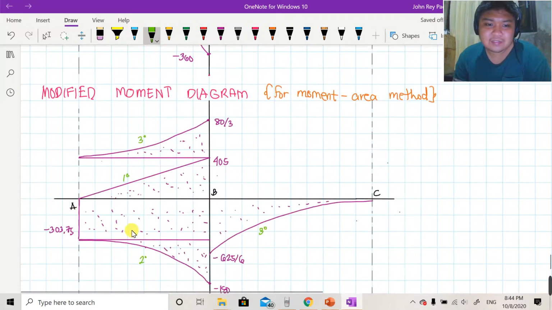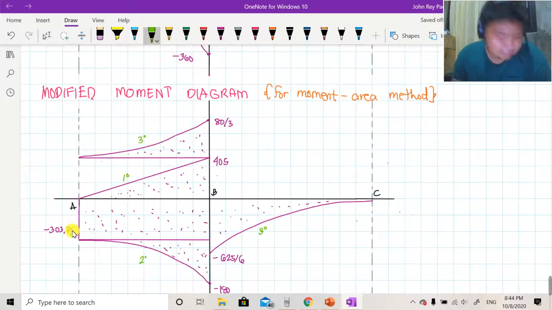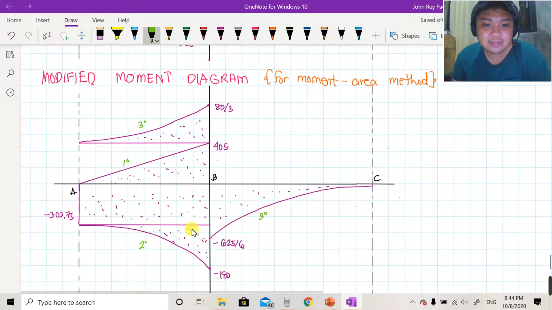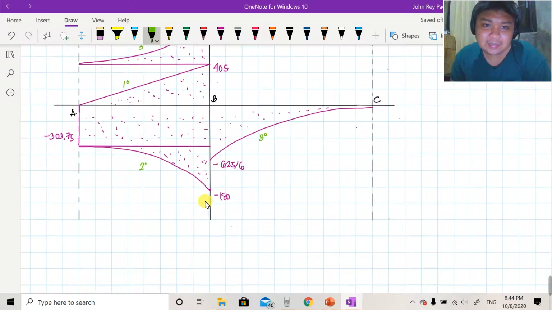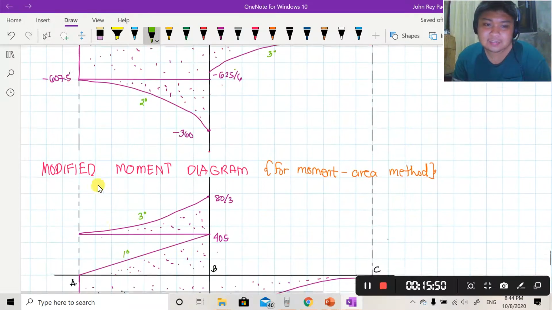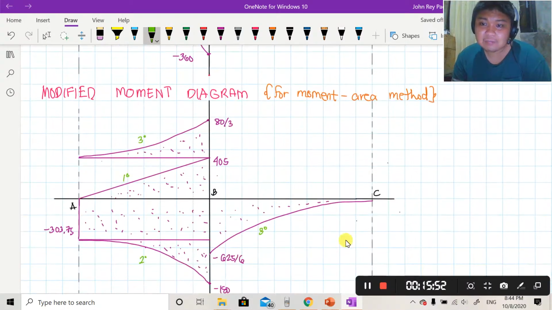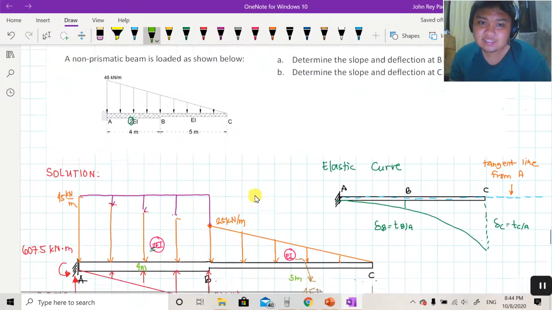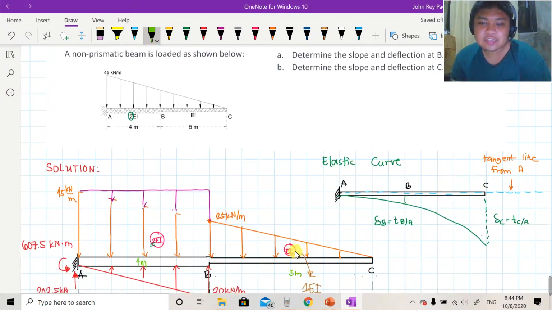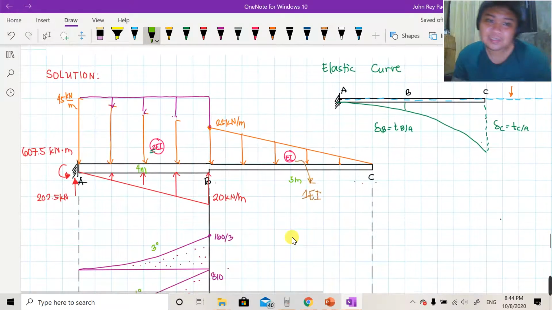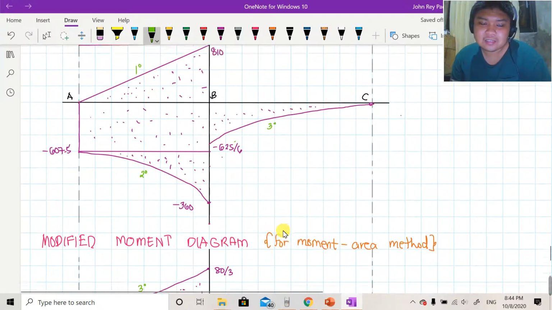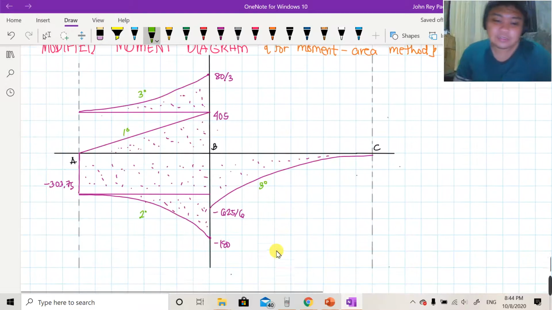Tapos, from negative 607.5, naging negative 303.75. And from negative 360, naging negative 180. Pero, ulitin natin, sa kaliwa lang siya. Sa kanan, maintained pa rin siya class dahil yung kanyang flexural rigidity is simply EI. So, ayan, na-drawing na natin class yung modified moment diagram.